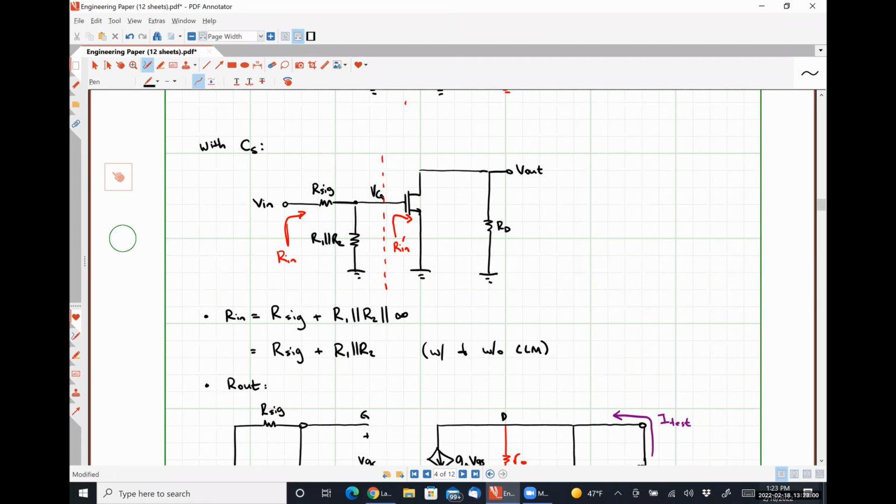Look at your notes. The voltage at the gate with our small signal is going to change our VGS, which is going to change our drain current, causing a negative gain across our output.